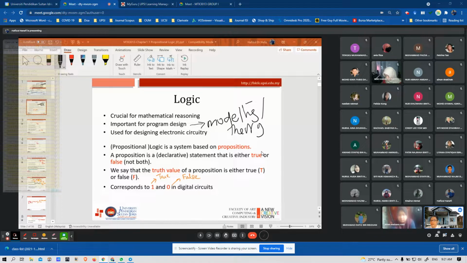Okay, there is a lot of modeling and theory that we can look at. Among the theories are model theory, proof theory, set theory and recursion theory. A lot of theory that you need to understand later on.